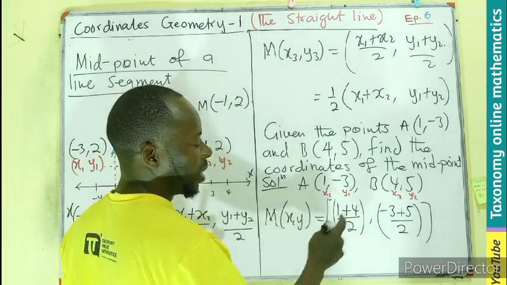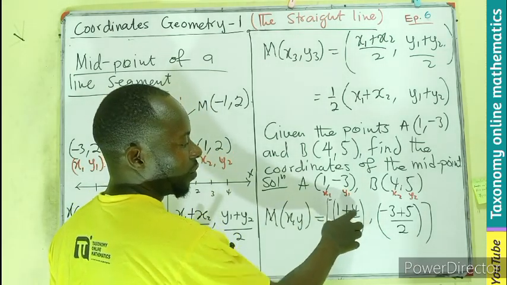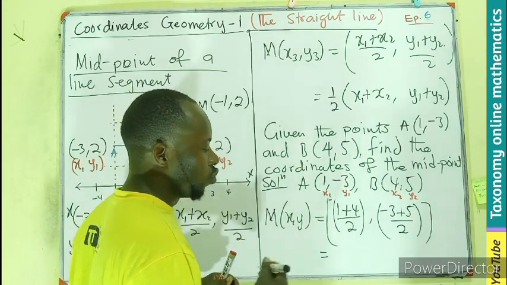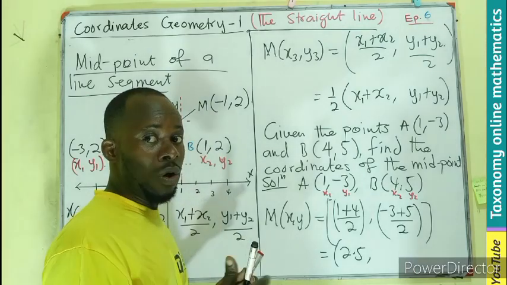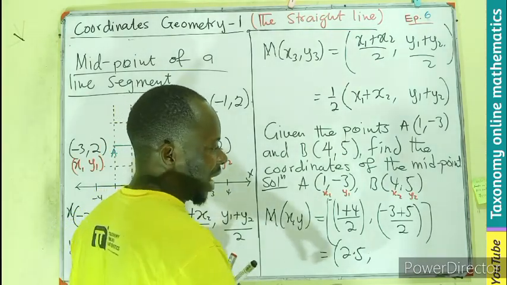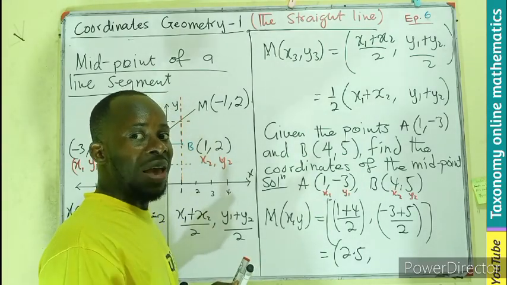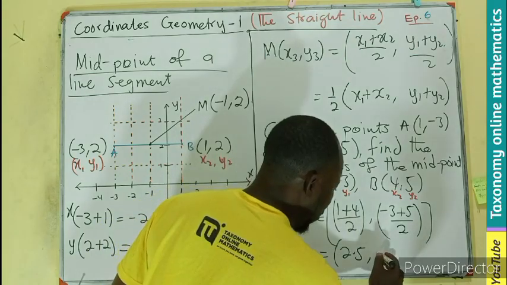This is going to be, if you add 1 and 4, you get 5. 5 divided by 2 will give you 2.5 as the first coordinate on the x-axis. Then minus 3 plus 5 will also mean 5 minus 3, which will be 2. 2 divided by 2 will give you 1.